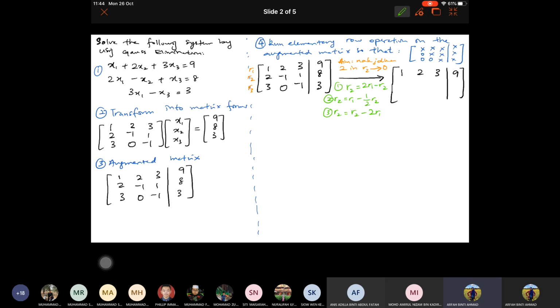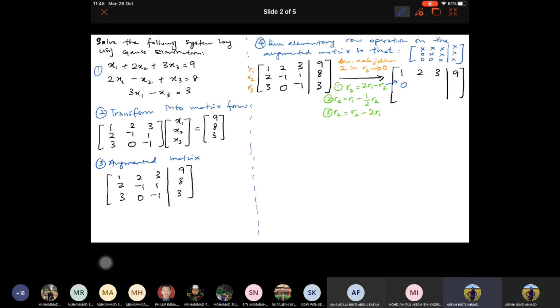So katakan saya ambil yang mana best. Let's say I take the first one. Saya ambil 2R1 tolak R2. So 2 kali 1, 2 tolak 2, 0. 2 kali 2, 4.